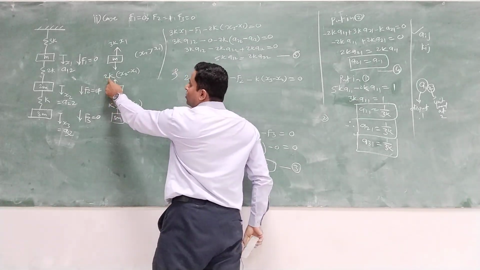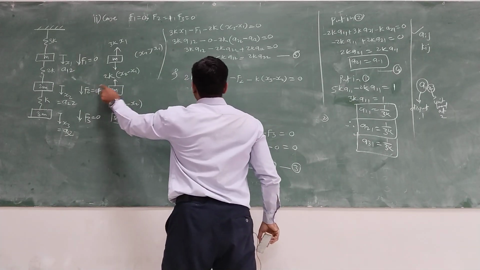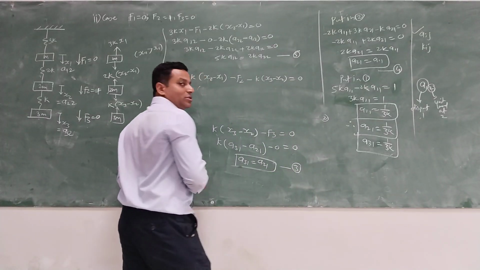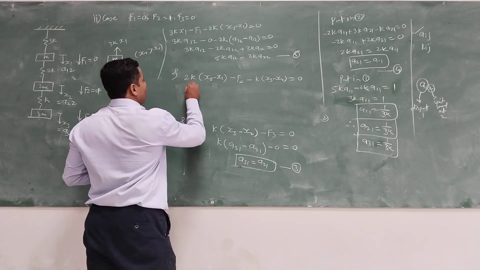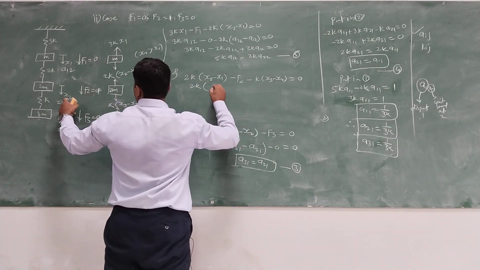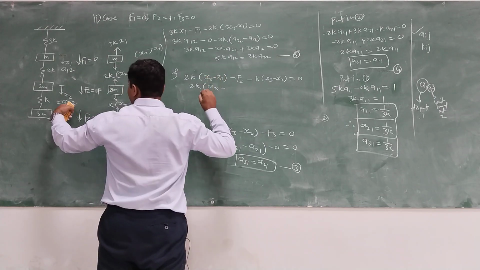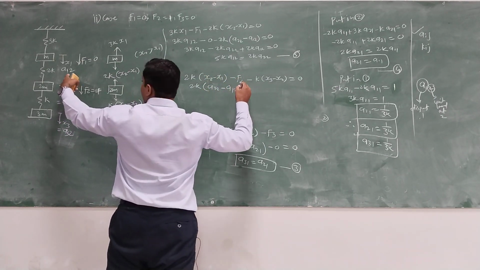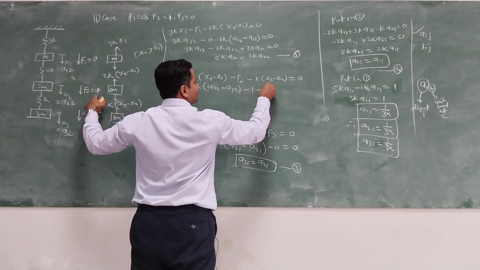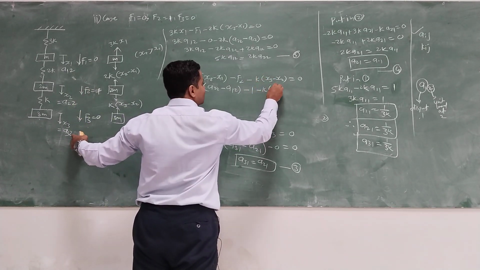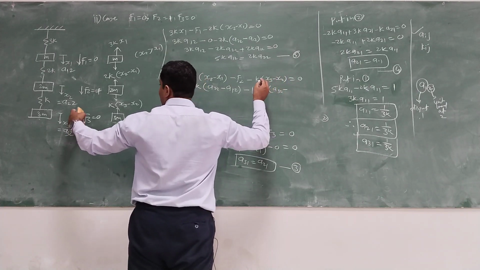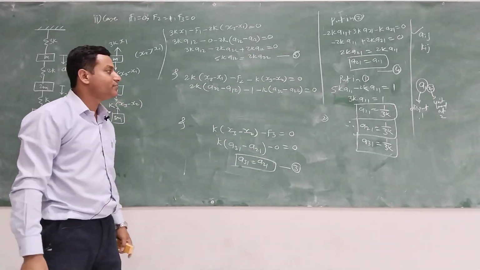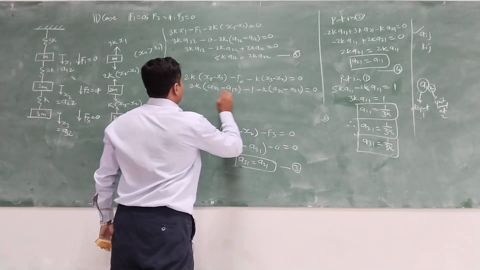From this one: 2k(x2 minus x1) minus f2 minus k(x3 minus x2) is equal to 0. We'll put the values. 2k(A22 minus A12) minus f2, which is 1, minus k(A32 minus A22) is equal to 0. We'll multiply inside.